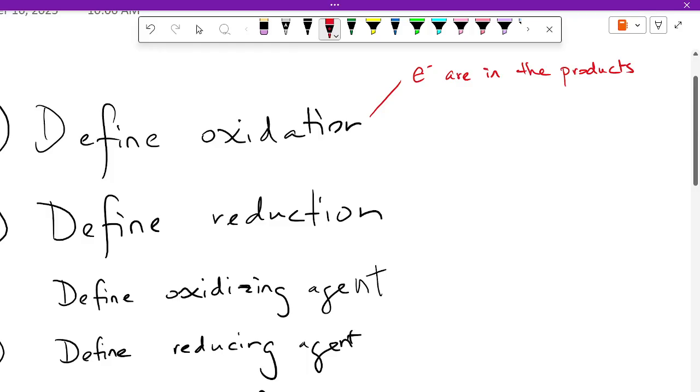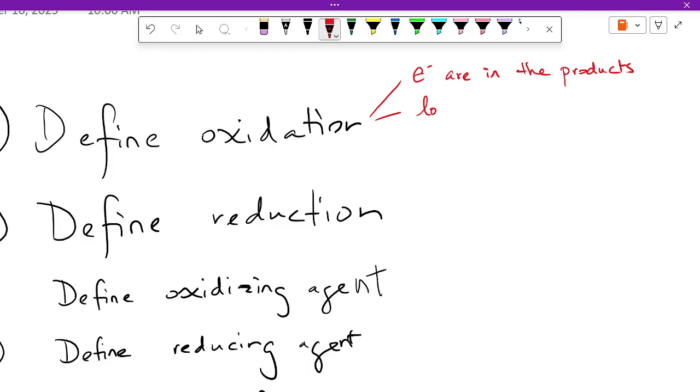What is a definition, though? Katie? The loss of electrons. Because you won't always be able to see the electrons in the products if you have an overall reaction. If you have a half reaction, you'll be able to see them, and we'll take a look at that today, what the difference is between an overall and a half reaction.